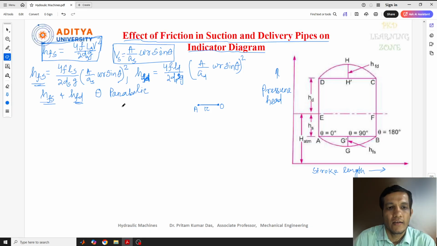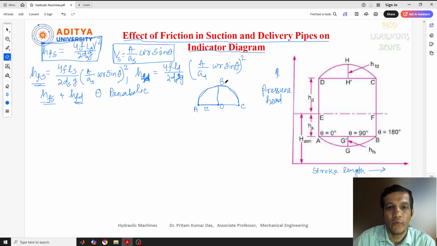When the pump started working, the piston started moving from left to right, and the crank also started rotating angularly. Half of the revolution is completed at point C, and before C we can take another point B, where the crank has rotated through 90 degrees. The remaining half is completed in the forward direction.